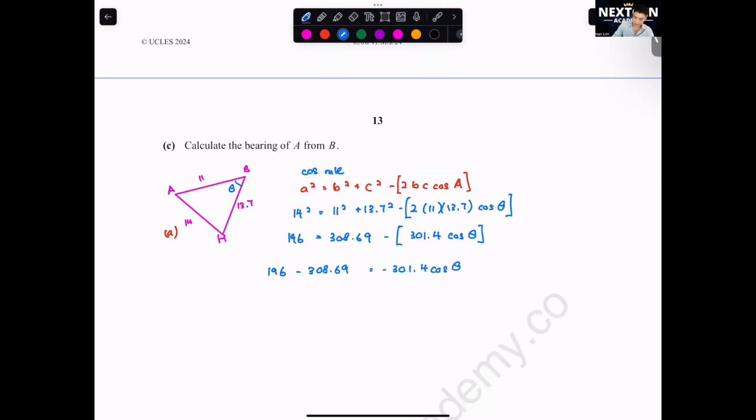Very, very important. Cannot minus. So take 196 minus 308.69. You get minus 112.69 equals minus 301.4 cos theta. And now only you can divide it.